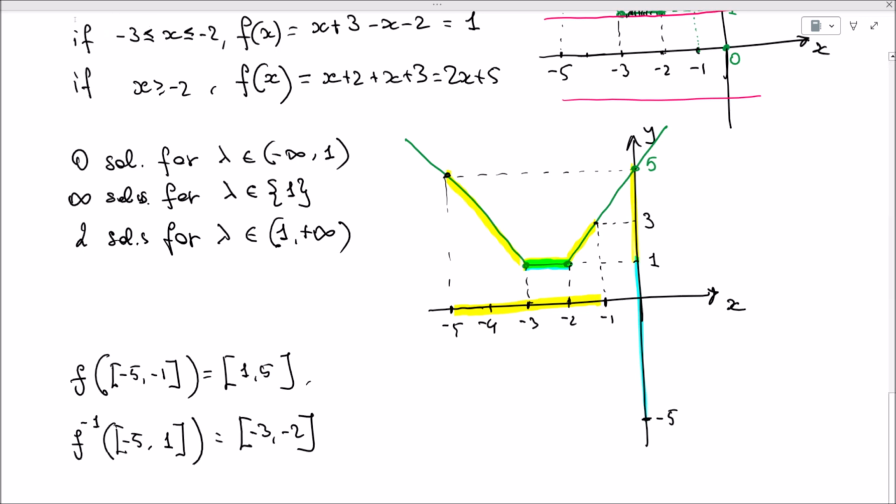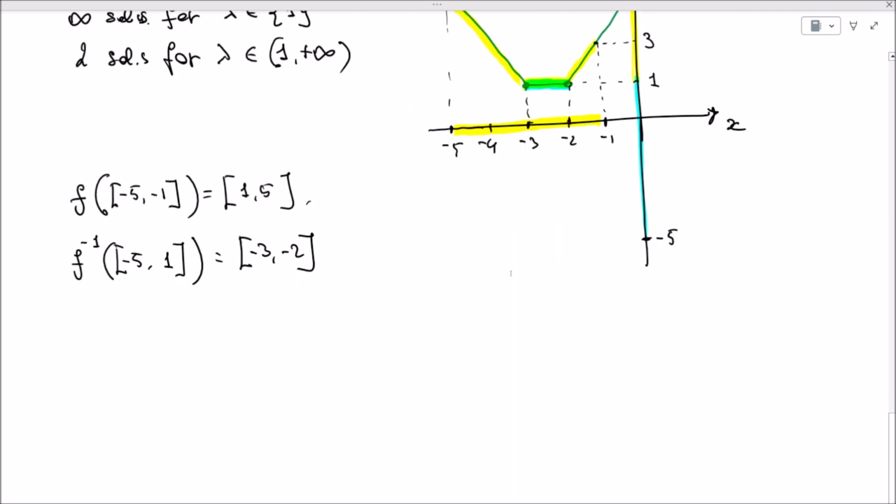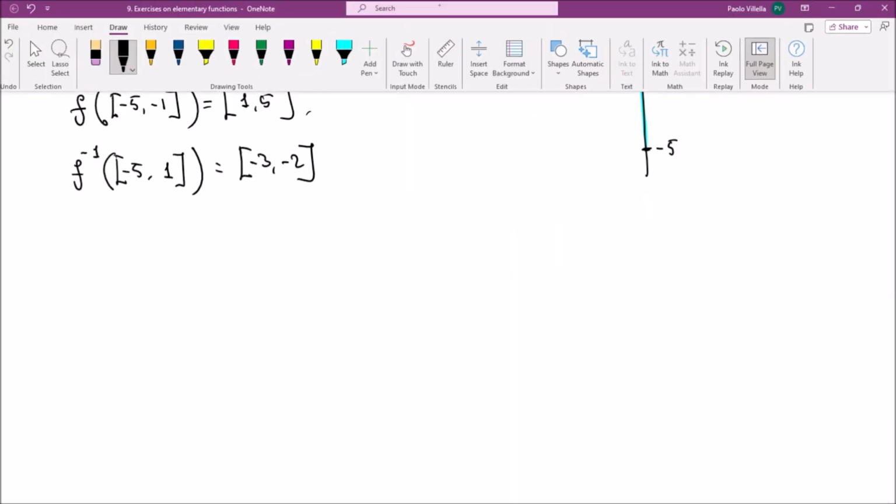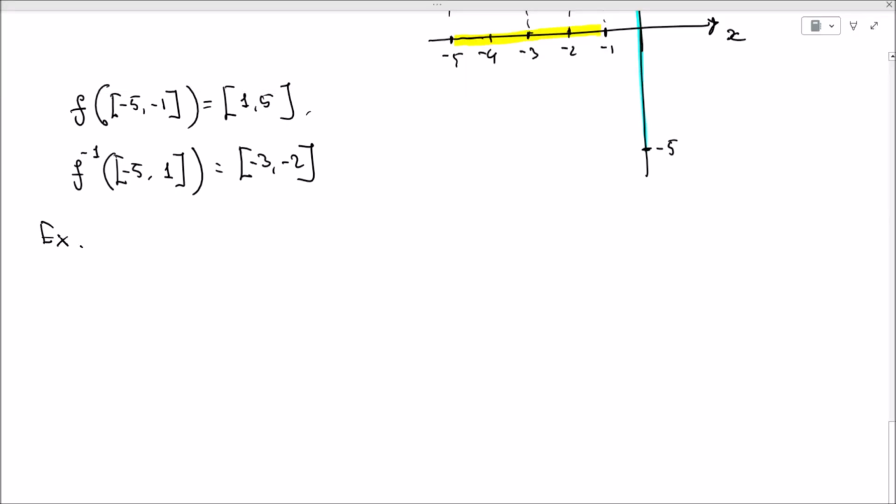Let's move now to a different problem, more theoretical in nature. So let's say that we want to solve the following problem.